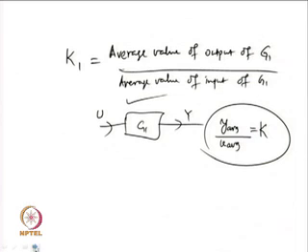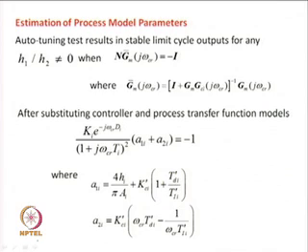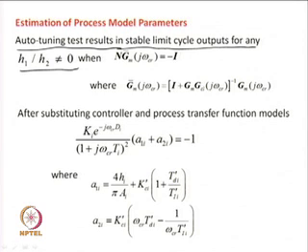Next, we will go to the estimation of the remaining parameters of the TITO transfer function matrix models. The auto tuning test results in stable limit cycle outputs for any H 1 divided by H 2 not equal to 0. That means H 1 and H 2 are not equal to 0.